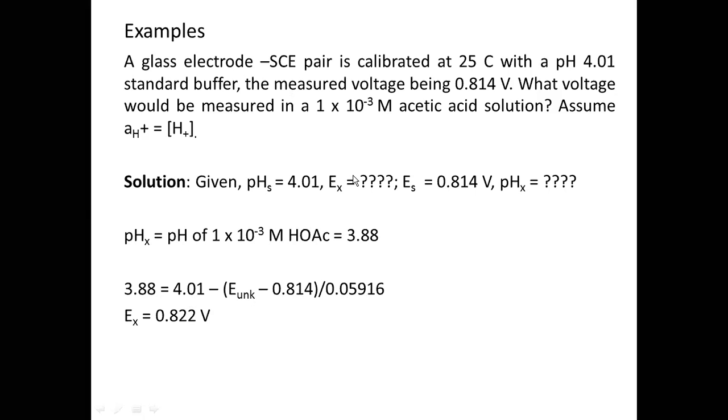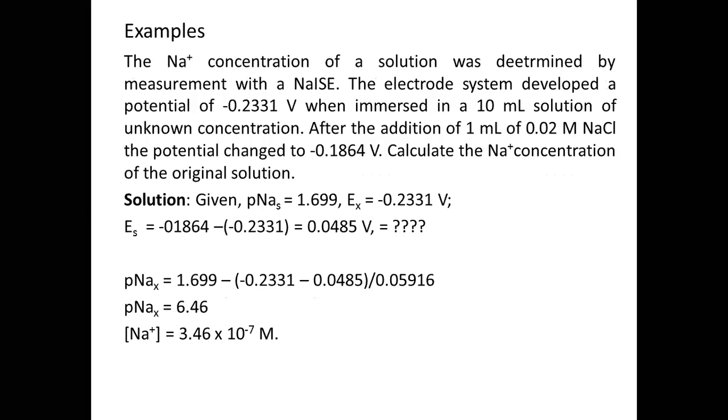So this is how, by means of calibration, you can determine the pH of any unknown. As I told you, the calibration is useful for any ion selective electrode. You have to do the calibration for any ion selective electrode. This is one such example. A sodium ion selective electrode is used to measure the sodium ion concentration.